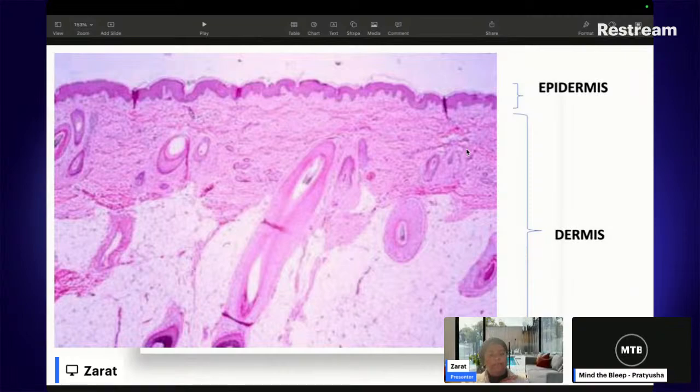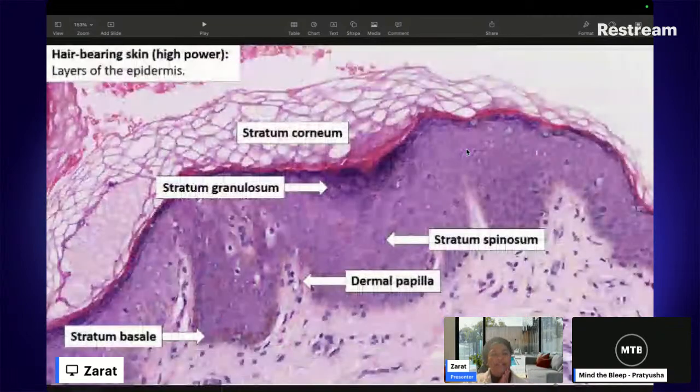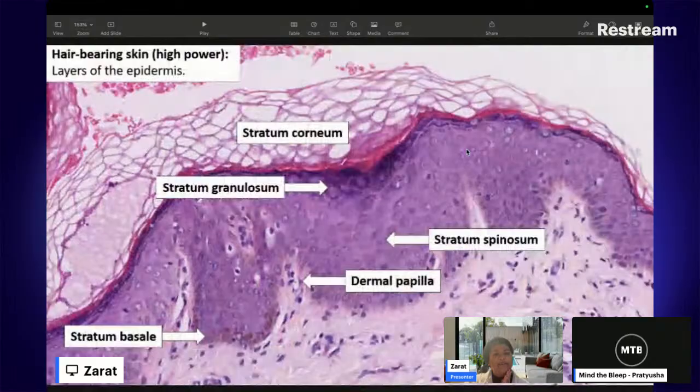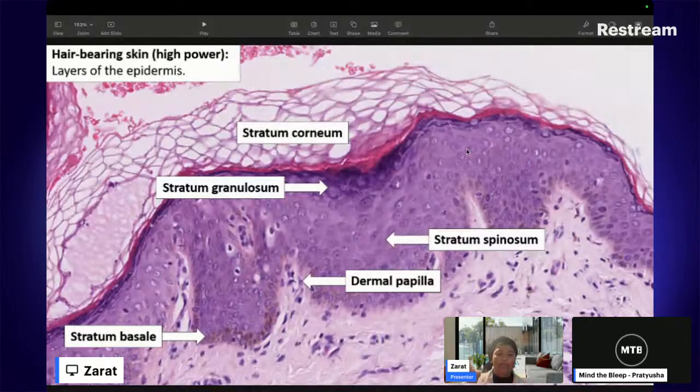I'm pretty sure all of us had to learn all the layers of the skin, the 5 layers of the epidermis. And as a medical student, it never made sense to me: what are the different layers? Why do they have different names? Why are we learning about them?